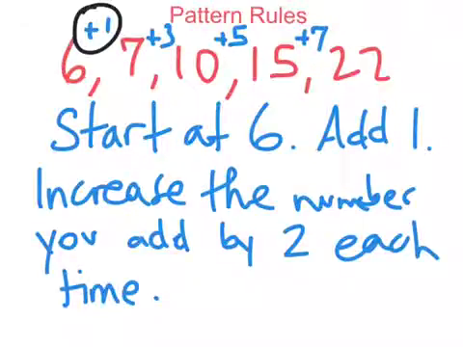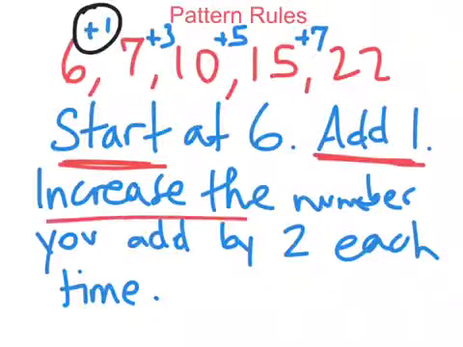So we start at 6. We added 1, and then we increase the number we add by 2 each time. So we add 1, then we increase that by 2 and add 3. Increase it by 2 and add 5. Increase that by 2 and add 7, and so on. And that is pattern rules. Good luck.